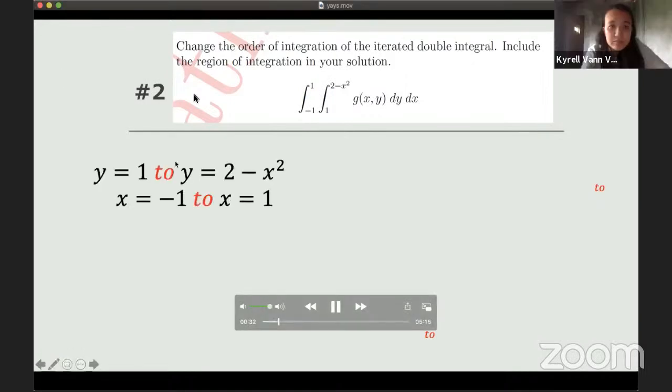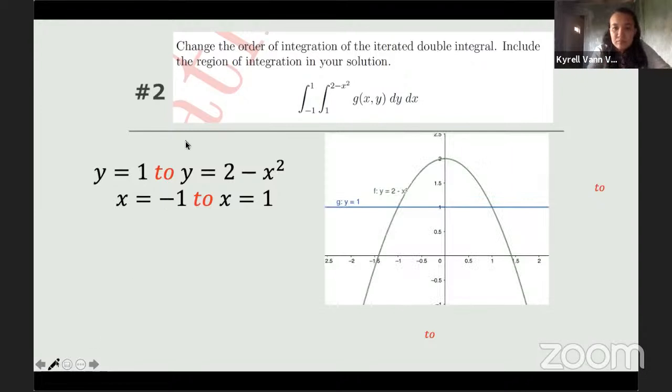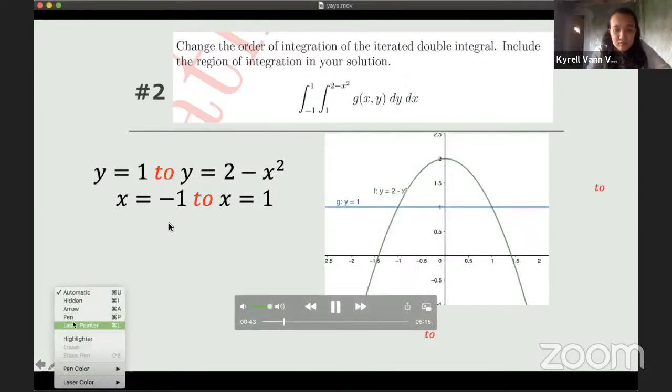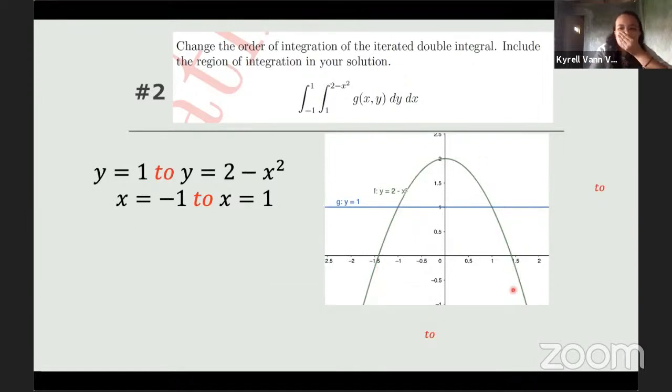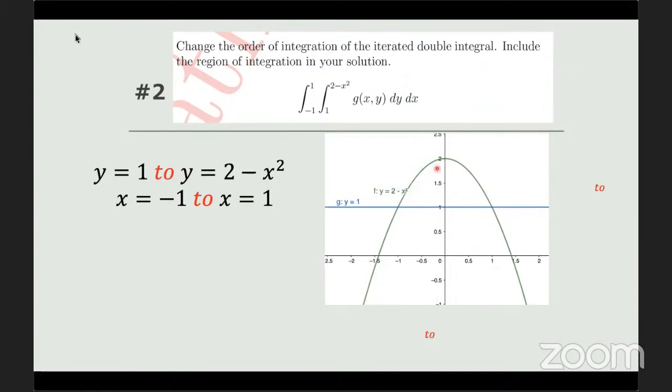So you have from y is equal to 1 to y is equal to 2 minus x squared and x is equal to negative 1 to x is equal to 1. We draw the curves, the parabola. Y is equal to 2 minus x squared. Then y is equal to 1. So ito yung region of integration.